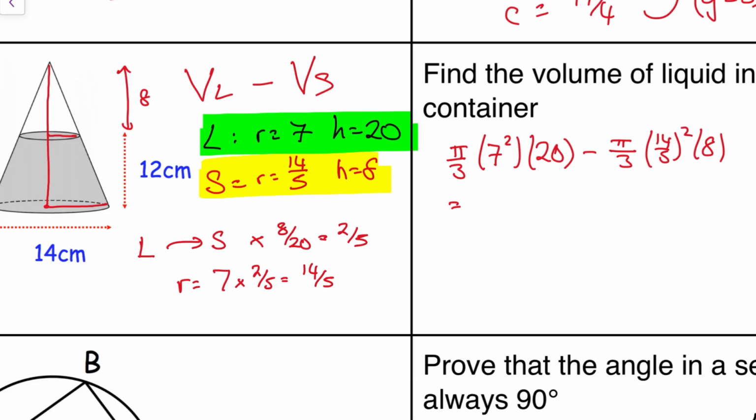Put all that in my calculator in one go, and that tells me it's 960.573, etc. So I'm going to say 960.6 centimeters cubed.